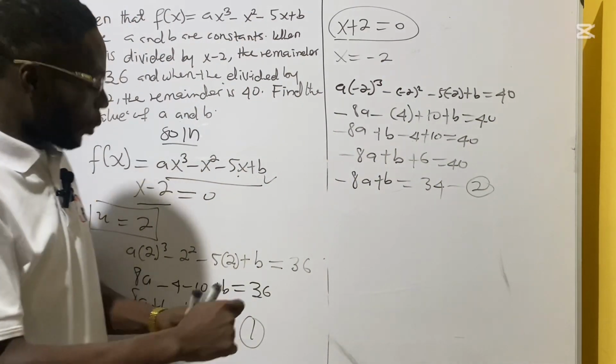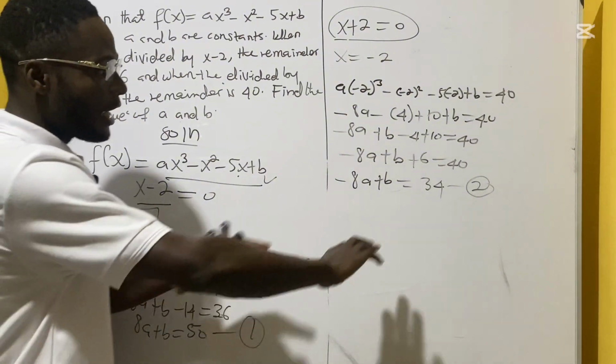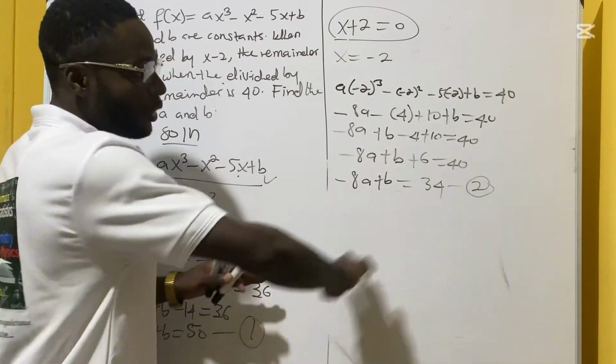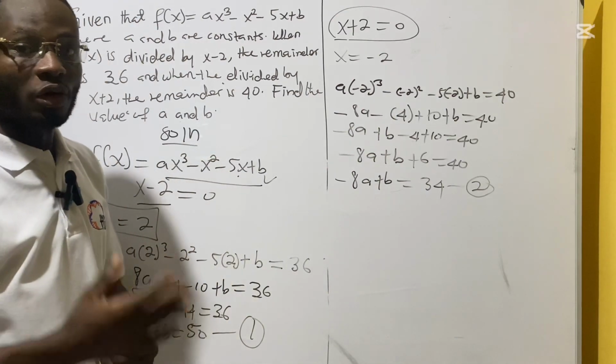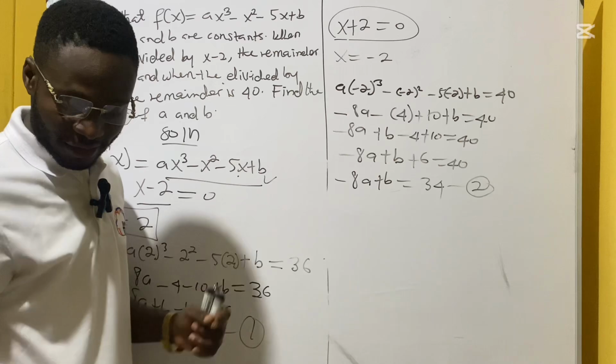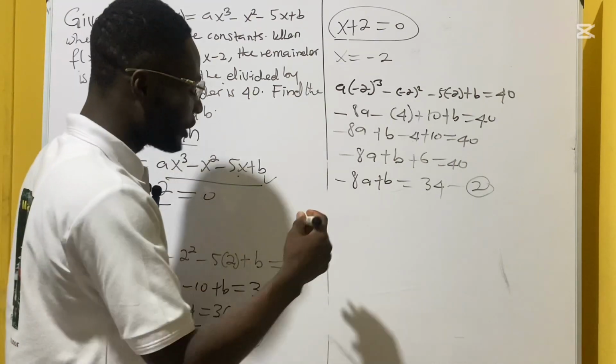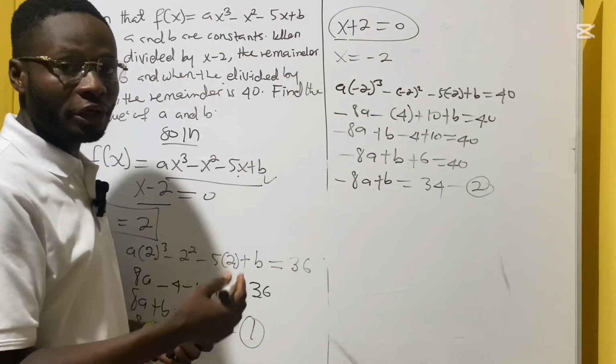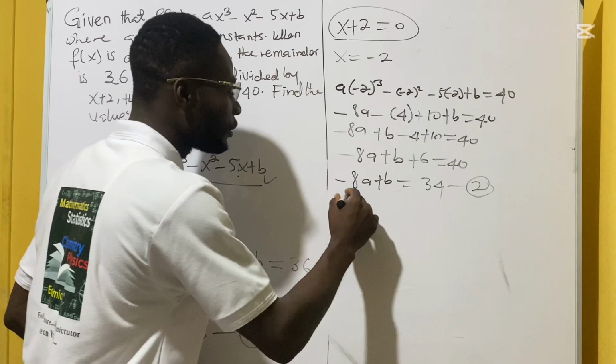Once we have equation 1 and equation 2, we can solve them simultaneously, and then we can obtain the values of a and b respectively.